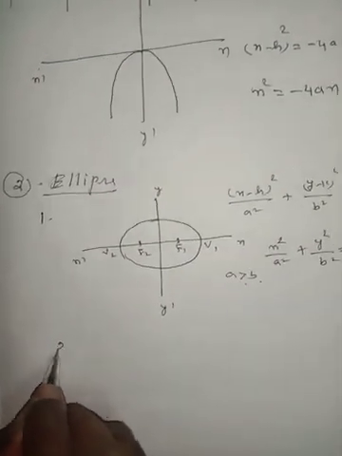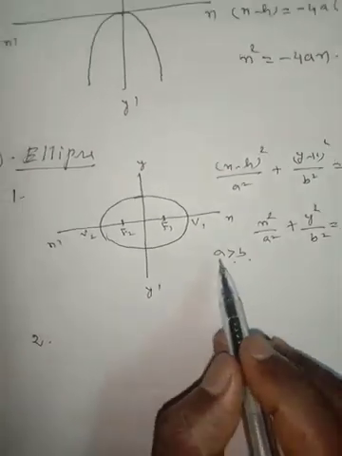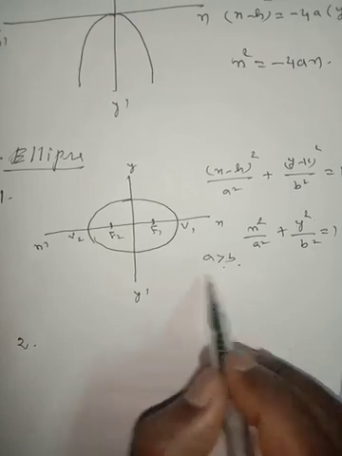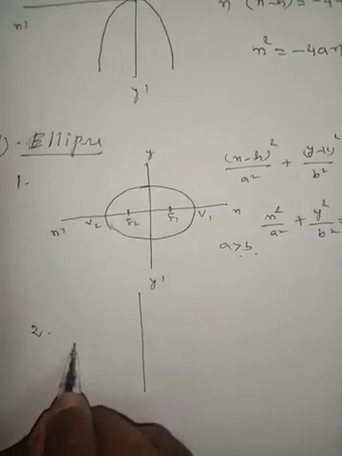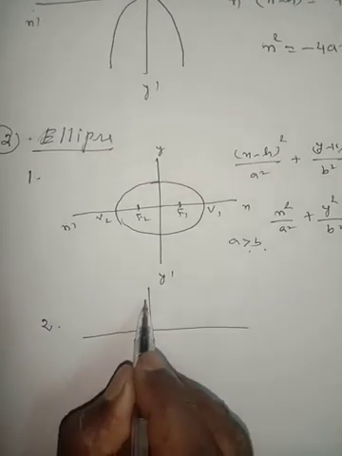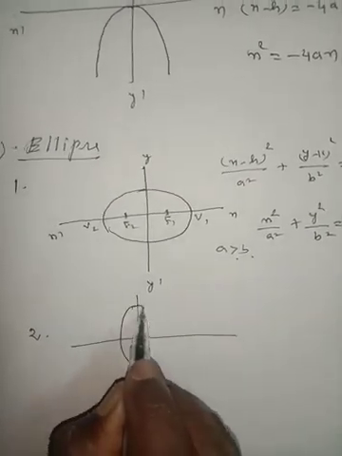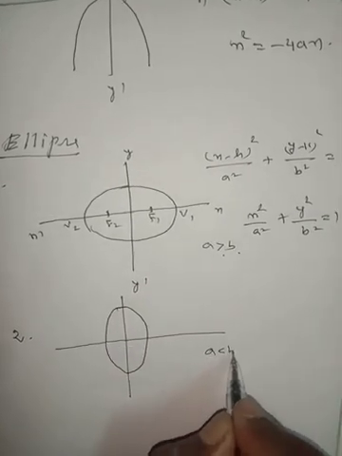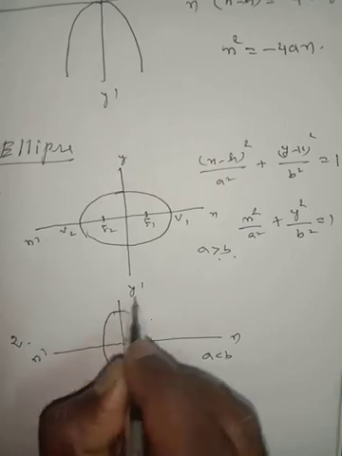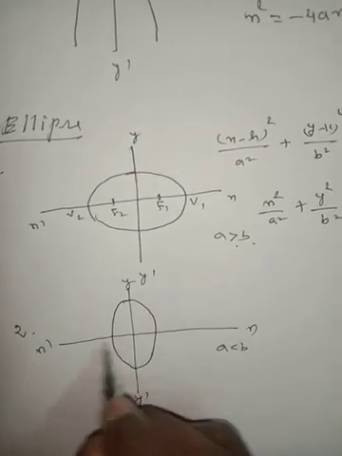Next, number 2, second type. The major axis length is less than minor axis length. So the diagram becomes this type. A is less than B. X dash, y, y dash. Here the center is 0, 0.